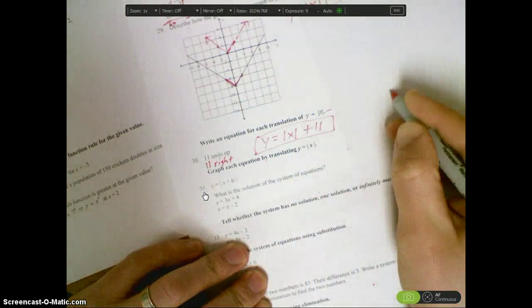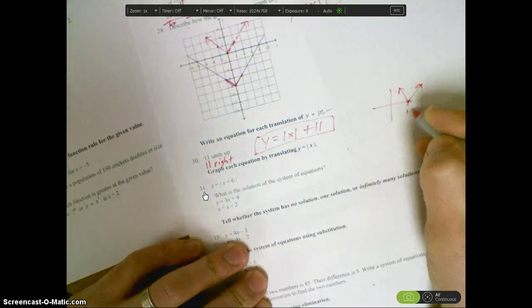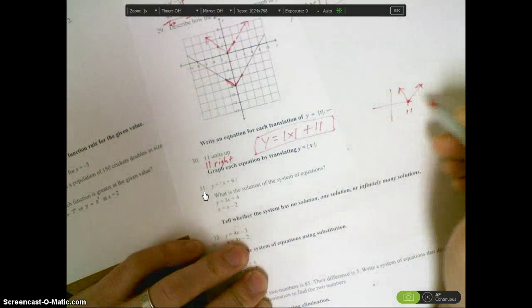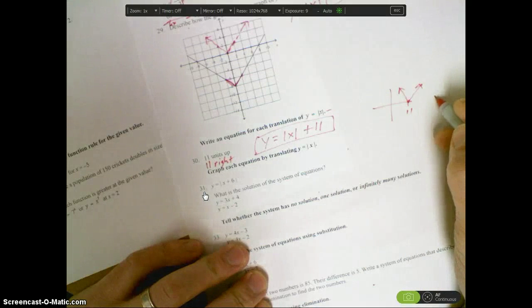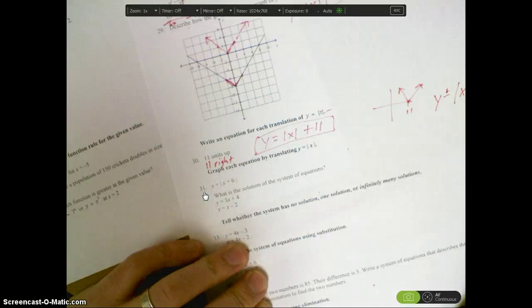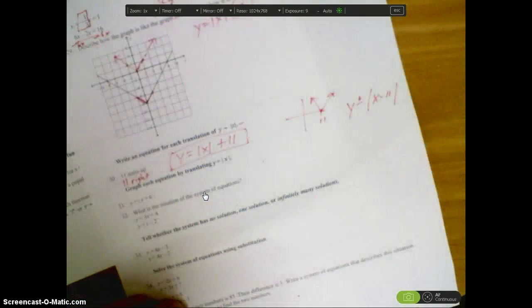Right is forward. So we're looking to draw that line at 11. That just means it's the opposite. It's inside the absolute value, and we're going to do the opposite sign. This would be y equals the absolute value of x minus 11. That would be a right move there.